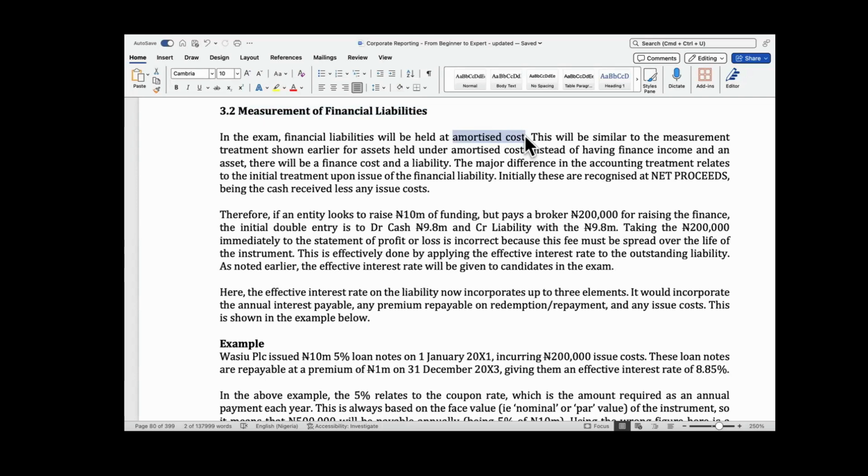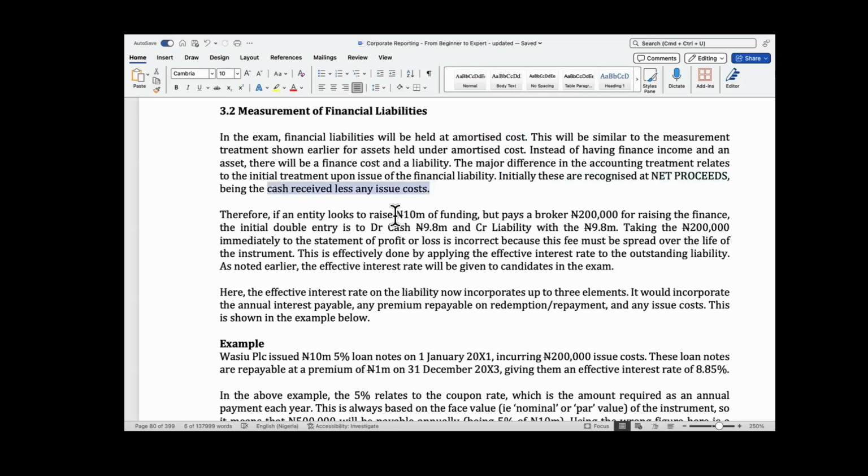It's the same thing, the same principle. Now, the major difference is that liabilities are initially recognized or measured as net proceeds, being the cash received less any issue costs.